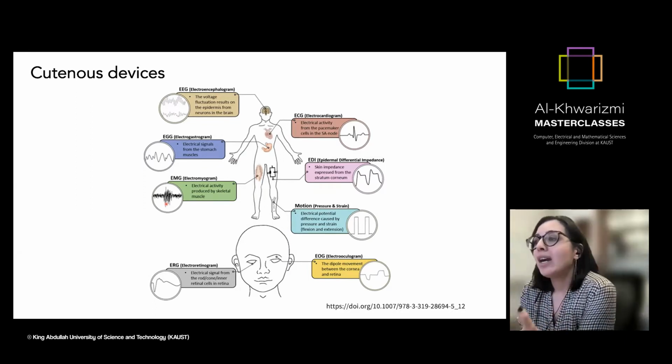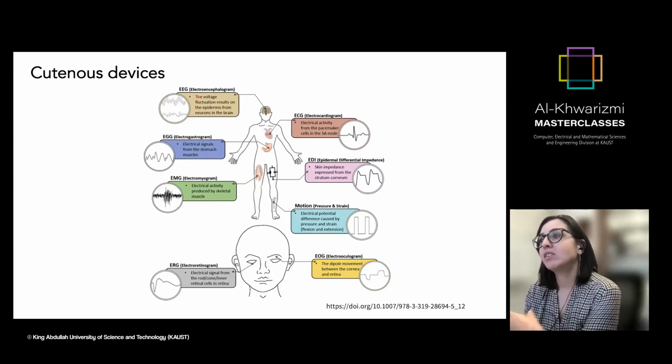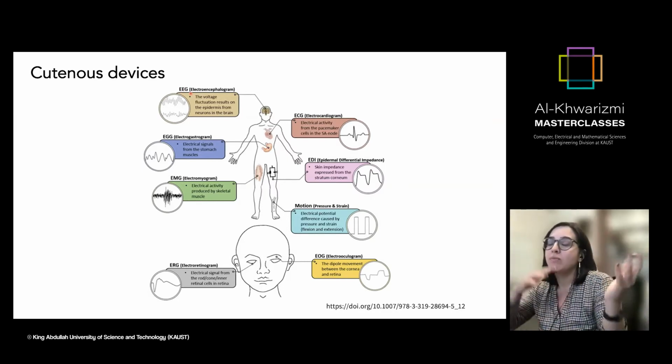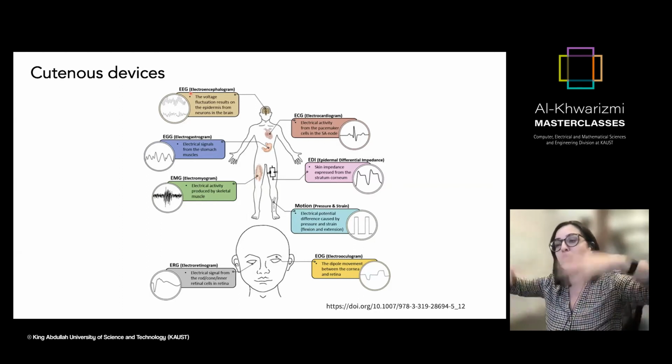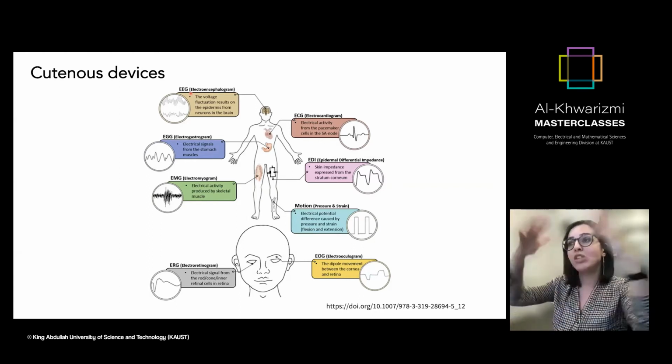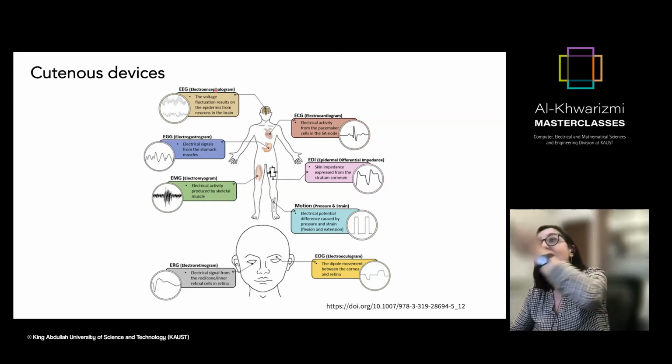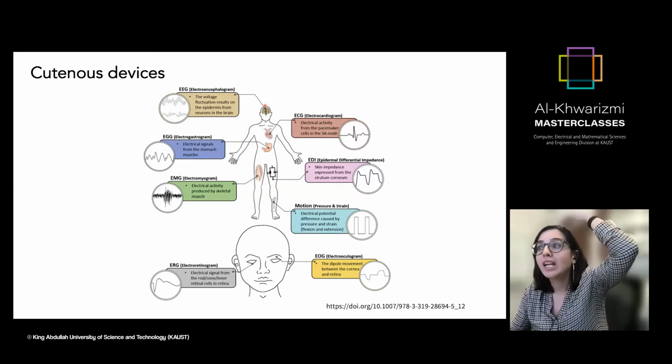Now, what do these devices do? They detect either the activity of electrically active cells from our body. For instance, the cells that you have in your brain, these are called neurons. They fire, they cause certain ion fluctuations, and when they do it all together, the whole network, they generate certain waves, which you can then detect if you place an electrode on the surface of the brain.